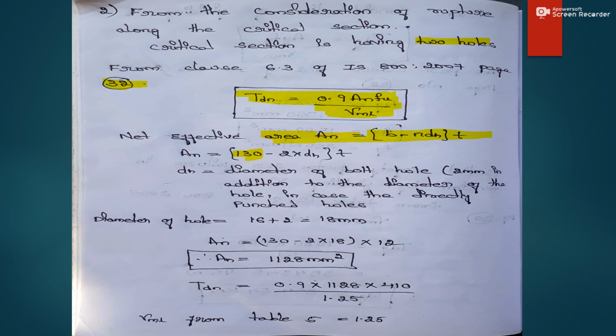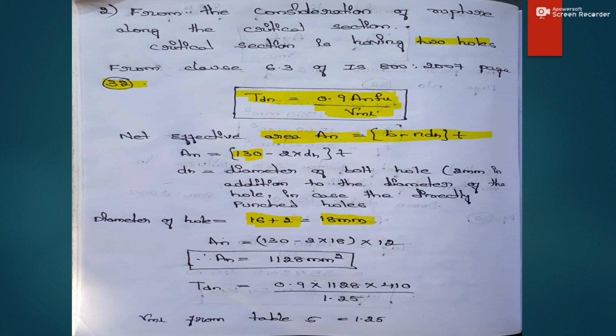After this step, you can directly come here. This is the explanation; we are taking 2 mm extra. The diameter of the hole we need to find now, because dh is there. So 16 plus 2. Why have we added 2? Because we need to add 2 mm when it is directly punched holes. So the diameter of the hole is 18 mm.